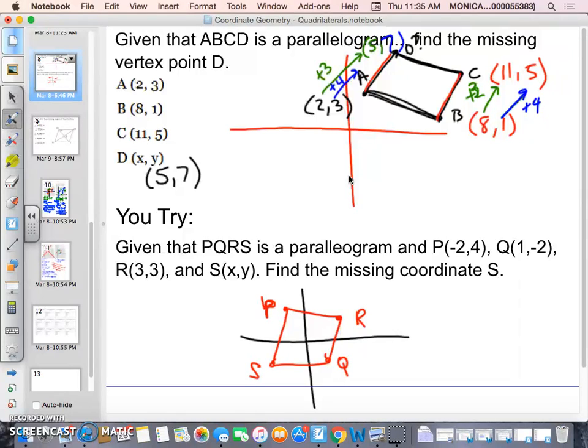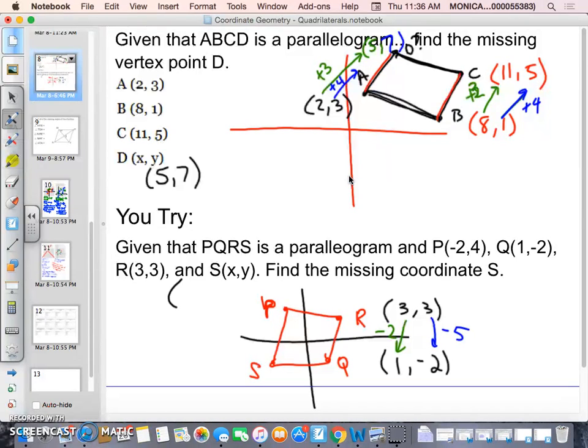So what I'm going to do is figure out how to go from R to Q. R is currently at 3, 3, and Q is currently at 1, negative 2. So what I notice is I'm going to subtract 2, because 3 minus 2 is 1. And over here, 3 minus 5 will give me negative 2. And so I'm going to do the same thing over here.